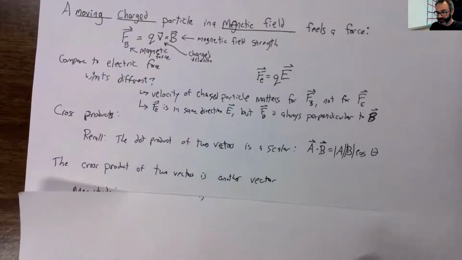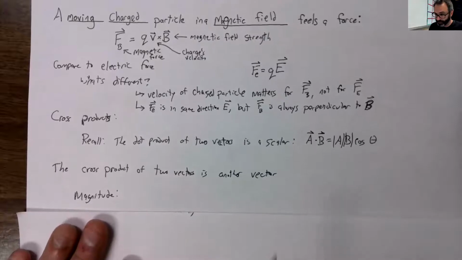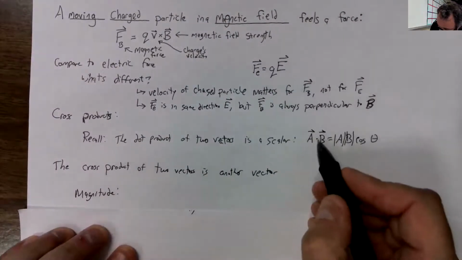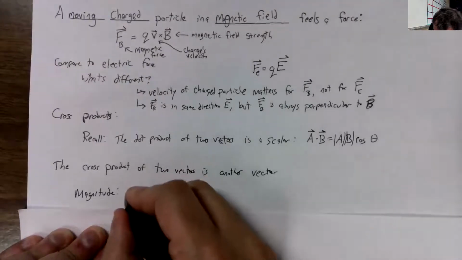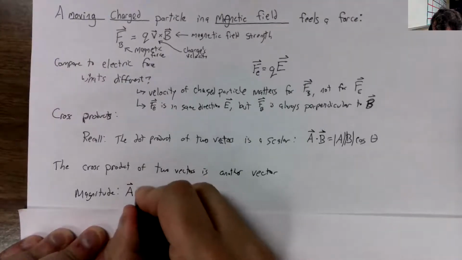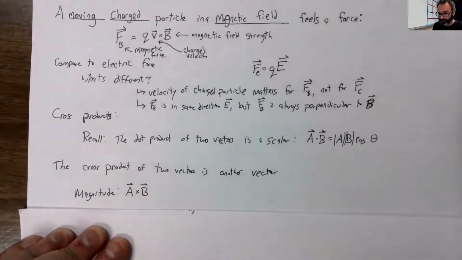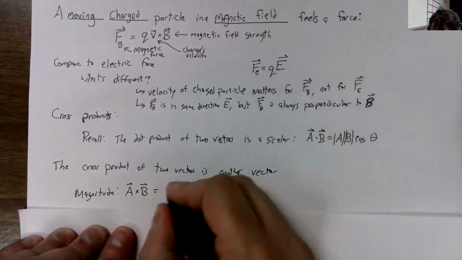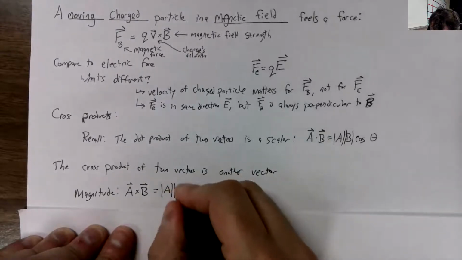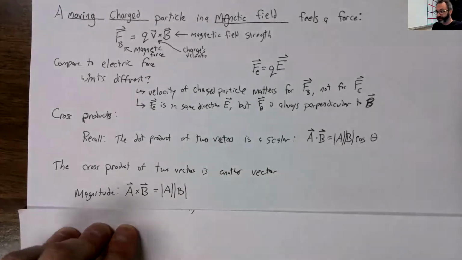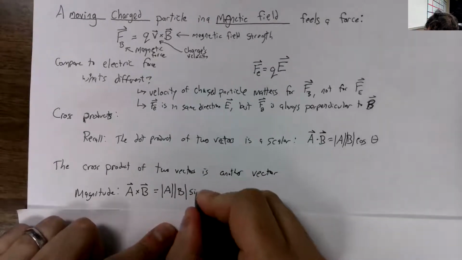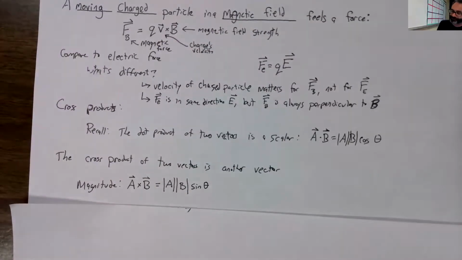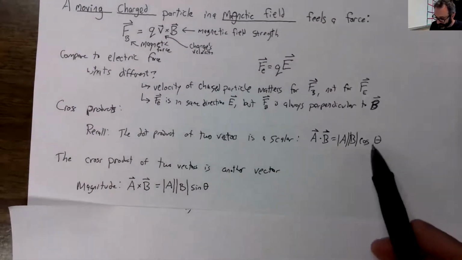The magnitude, when we take the cross product of two vectors, and the dot product is written like this, right? With a dot. The cross product, A cross B, where A and B are both vectors, the magnitude is the magnitude of A times the magnitude of B times the sine of the angle between A and B. So that's different than this, right?